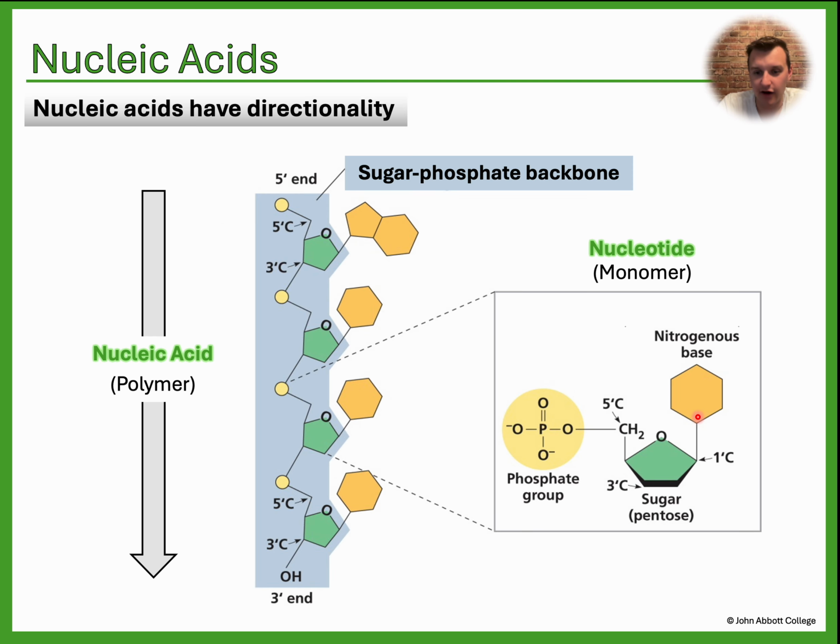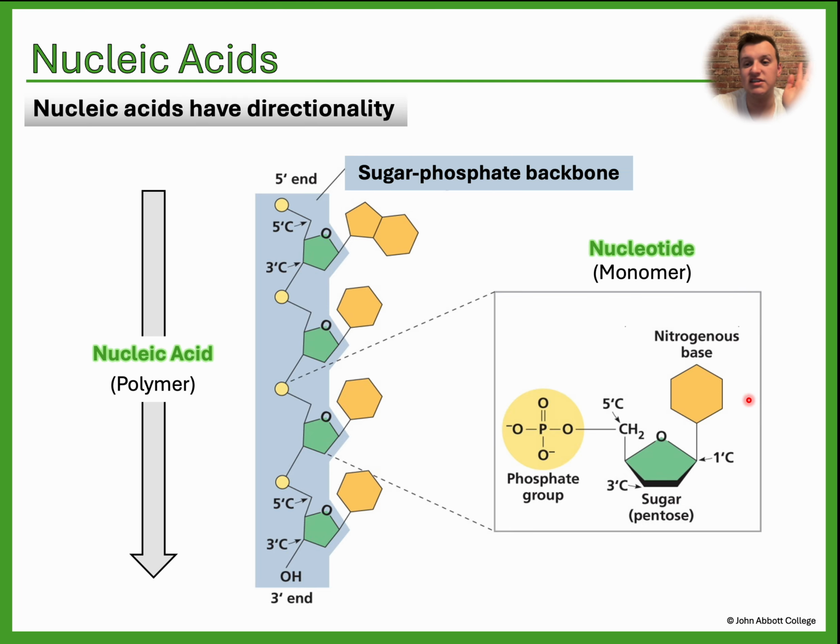One other thing to know about nucleic acids is they actually have directionality. Let's look at one of these little bits here. This yellow thing is the phosphate group. This little green thing is the sugar, the pentose sugar. And this little orange thing is the nitrogenous base.